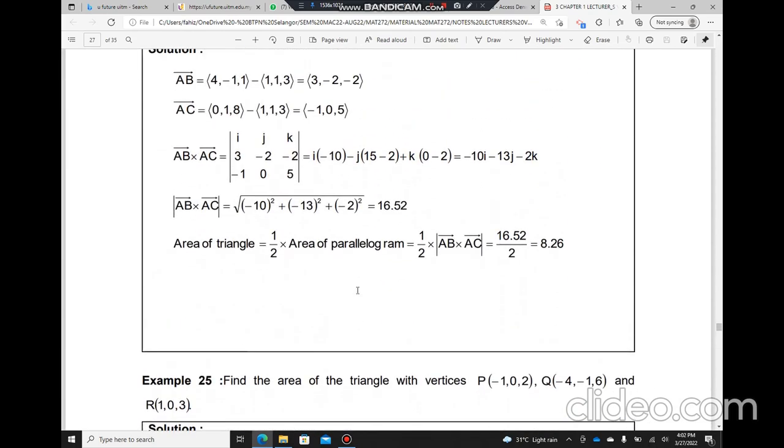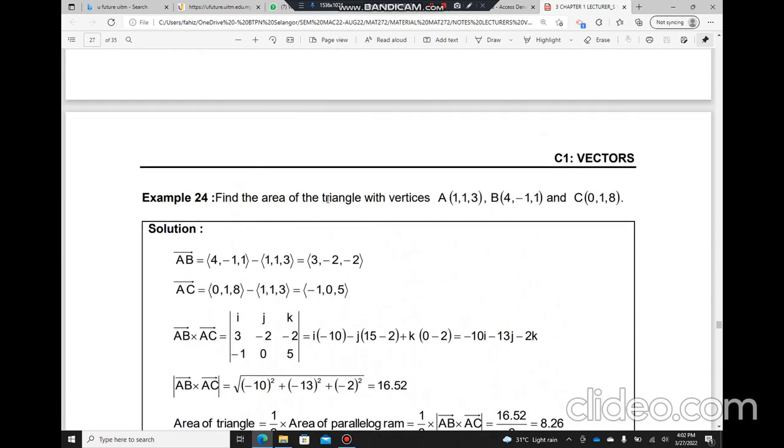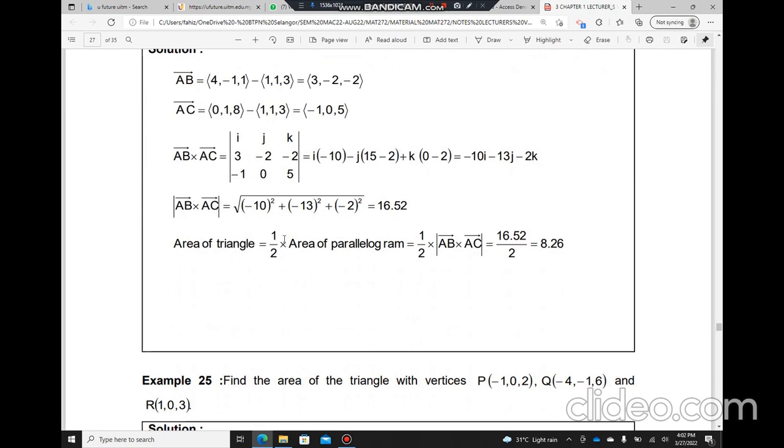Tapi soalan ni dia kata triangle. Find the area of triangle. Bukan parallelogram. So kena alert betul-betul soalan, since dia adalah triangle. So bila triangle dia adalah 1/2 daripada parallelogram. So yang ni kena clear macam mana bentuk parallelogram, dia bentuk yang ni kan. So parallelogram yang ni, so kalau tadi kita kira area parallelogram, so kalau area triangle just half.